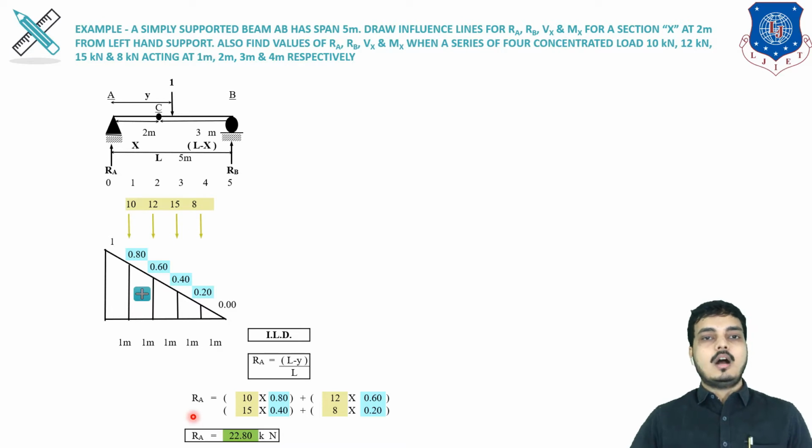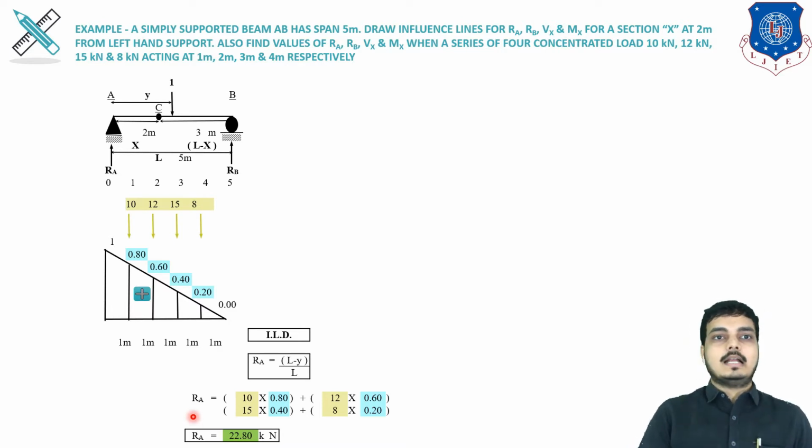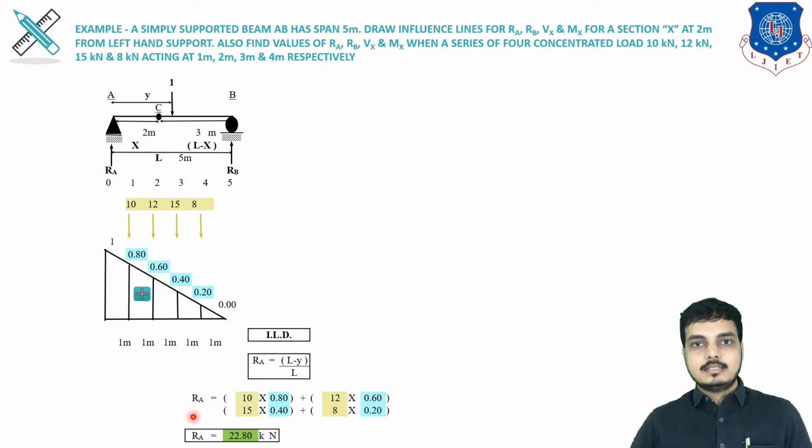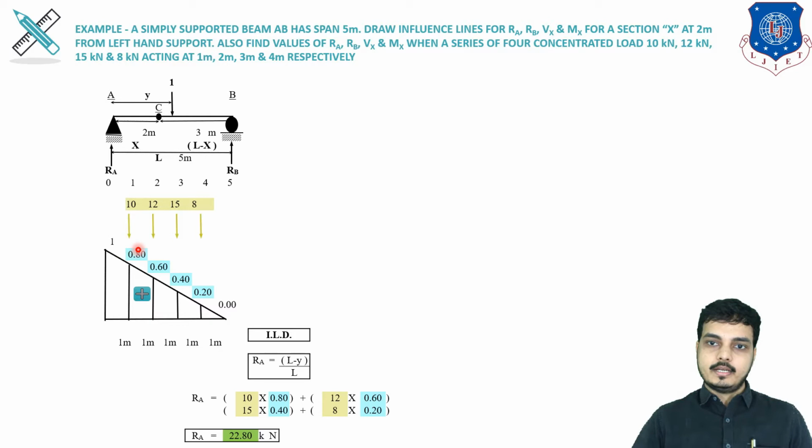Let's see how. So RA for these concentrated loads is nothing but that particular concentrated load multiplied by the ILD ordinate. Means look, this 10 kilonewton is just above the ordinate of 0.8. So 10 multiplied by 0.8 plus 12 multiplied by 0.6, because 12 is above the 0.6 ordinate, 15 is above the 0.4 ordinate and 8 is above the 0.2 ordinate.